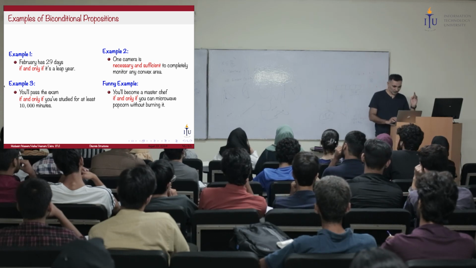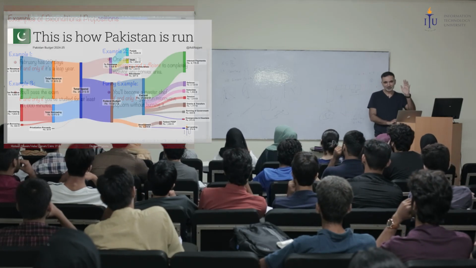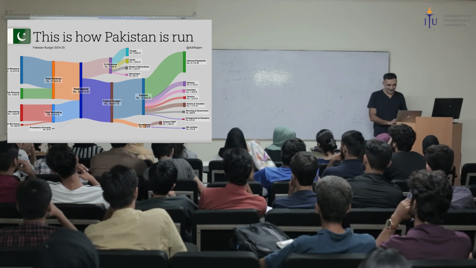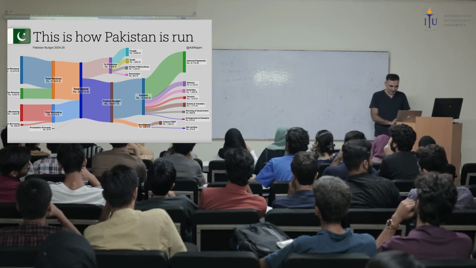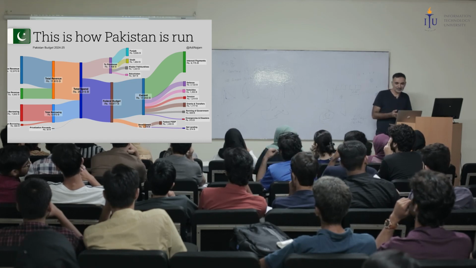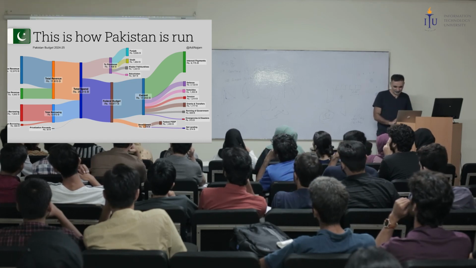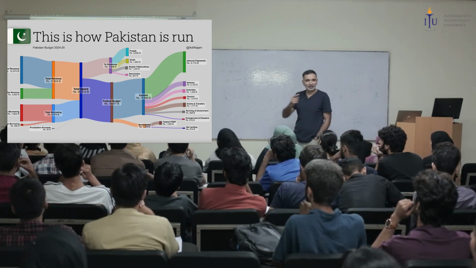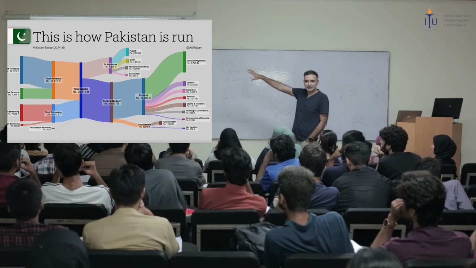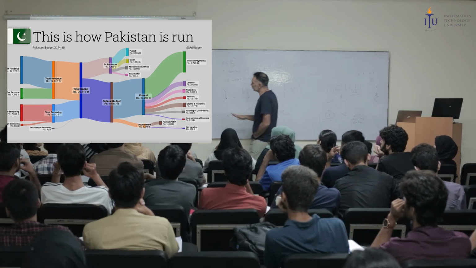All right, let me show you what I wanted to show you. It's not related to discrete mathematics, okay? Well, it talks about numbers, so it's somewhat related to discrete math, but this is Pakistan's this year's budget. Can you guys see everything? Has anyone seen this before? Oh, you have not. So this is fun then.